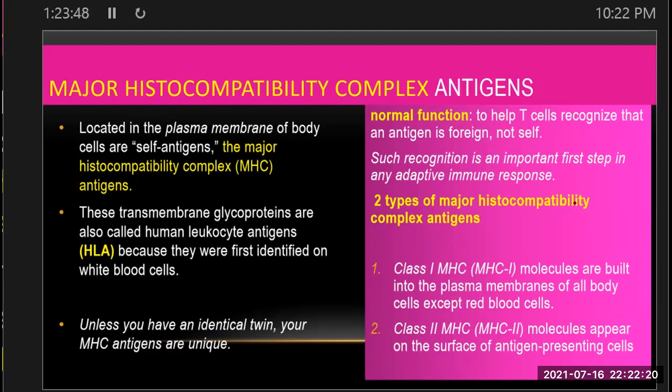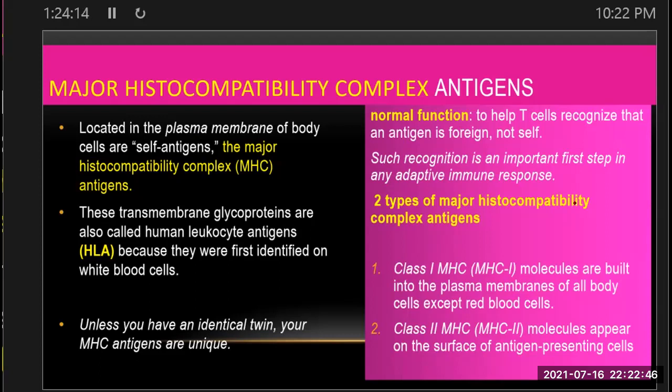We have two types of MHC antigens: the class 1 MHC molecules and the class 2 MHC molecules. Class 1 MHC are found in the plasma membranes of all body cells except red blood cells, okay? So nana siya tanan, basta wala lapot ang red blood cells.